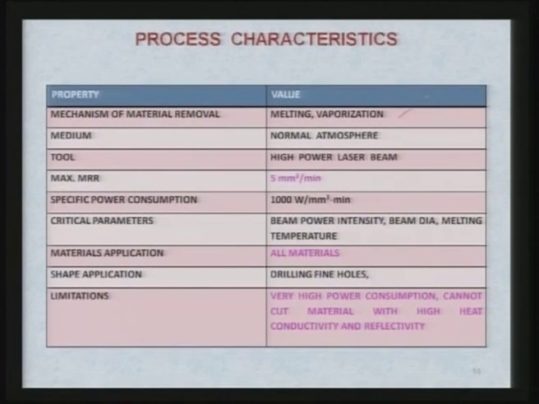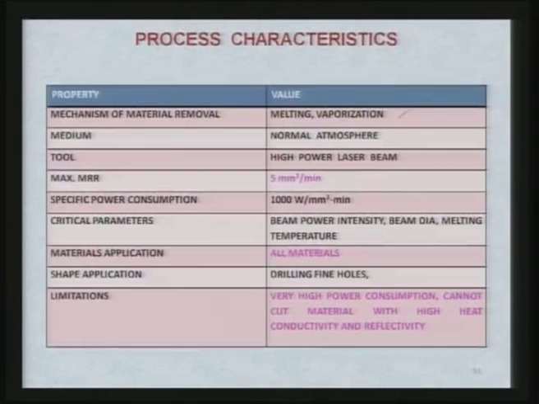Materials applications, you can apply it for all materials, it may be electrically conducting, electrically non conducting, magnetic, non magnetic, metals or non metals, but laser beam micromachining is not good for those materials which have high reflectivity, such as copper.